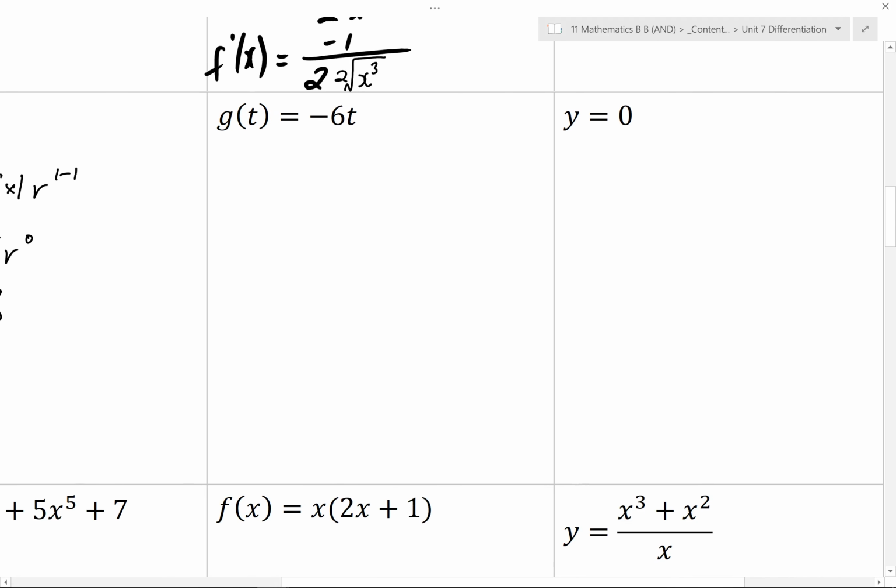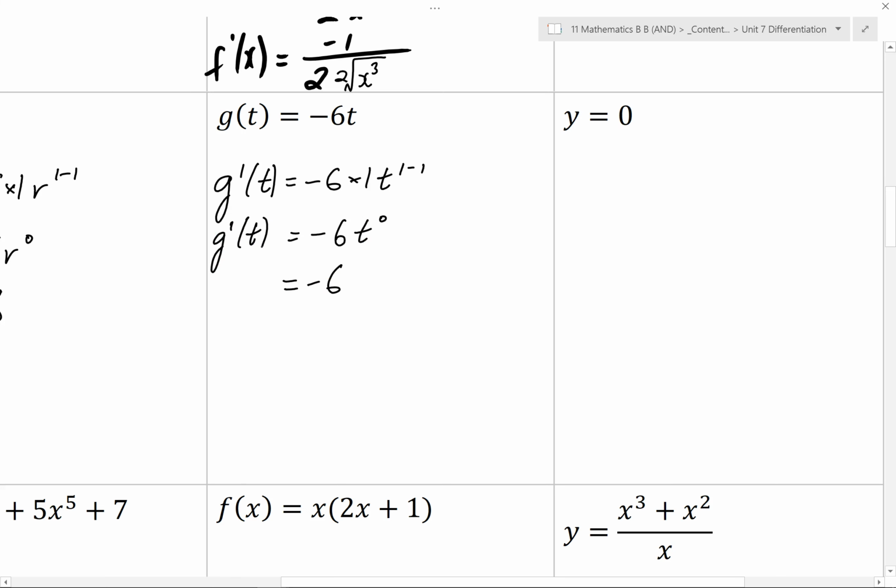Same, instead of f of x, g of t, our derivative will be g dash of t. We can use all different letters for our variables. Minus 6, the power is 1, t to the power 1 minus 1, and minus 6 t to the power 0, or just minus 6.